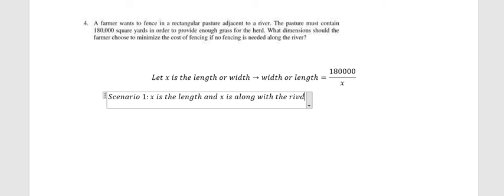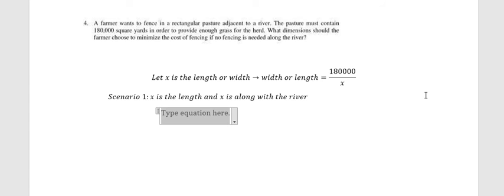Scenario number one: S is the length and S is along the river. So the perimeter of the garden should be like this. We need to calculate the perimeter of the fence, and no fencing is needed along the river.